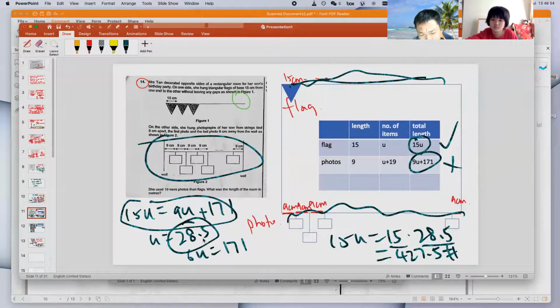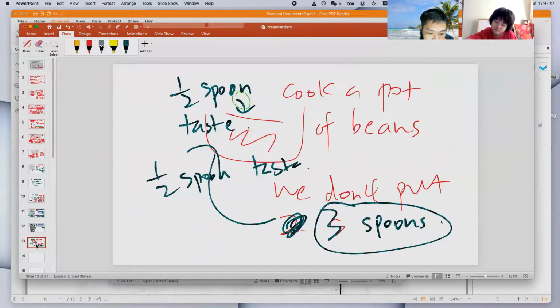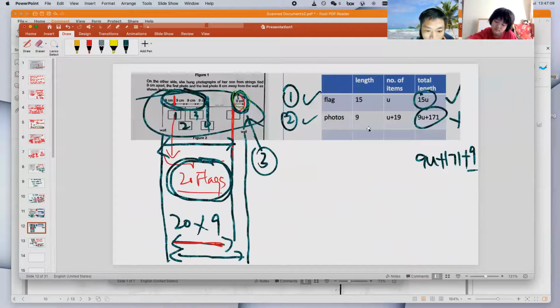Hey, generally u is supposed to be a whole number. So with this, I start to look at the question once again, especially this part. Then when I look at this part, I start to question myself. Oh, yeah, I miss out the 9. Can you see how my thinking flows?